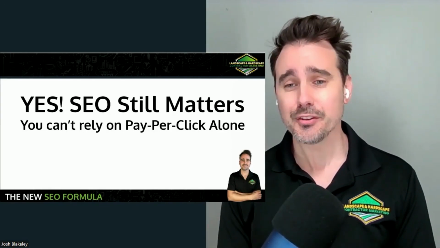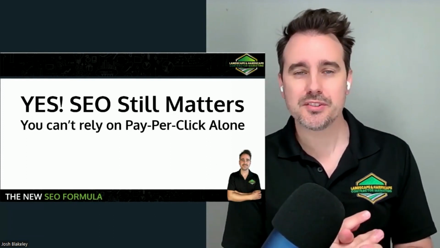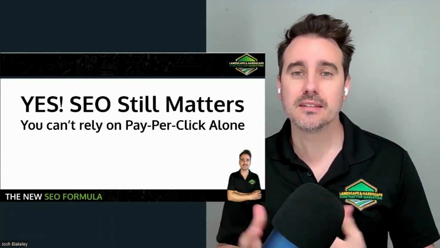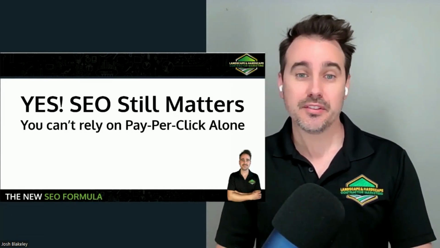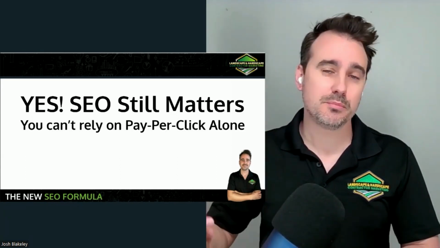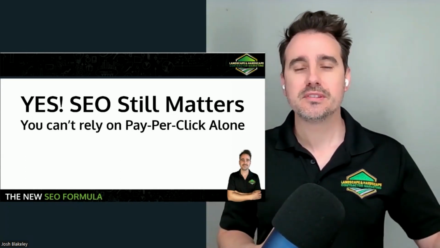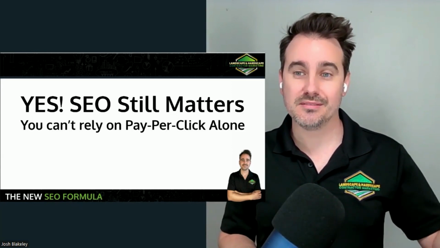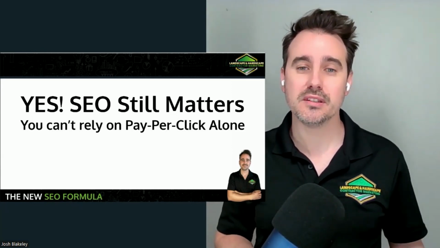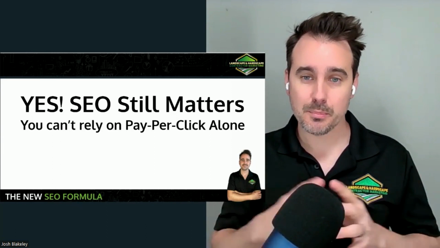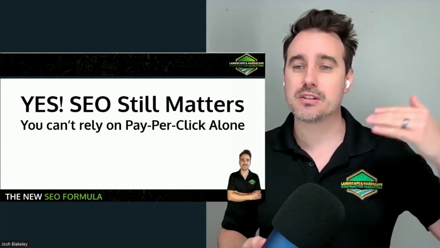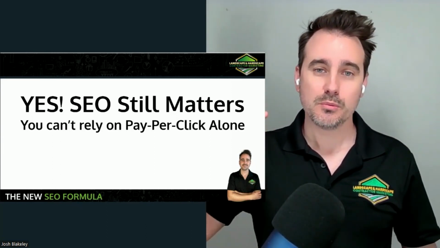So another option to that, a lot of people might just be running a pay-per-click advertising method. The thing about pay-per-click is it's great to bring in leads straight away, but as soon as those advertising investment dollars aren't being put towards it, then those leads will stop. So a great strategy is to make sure you've got pay-per-click going with SEO.